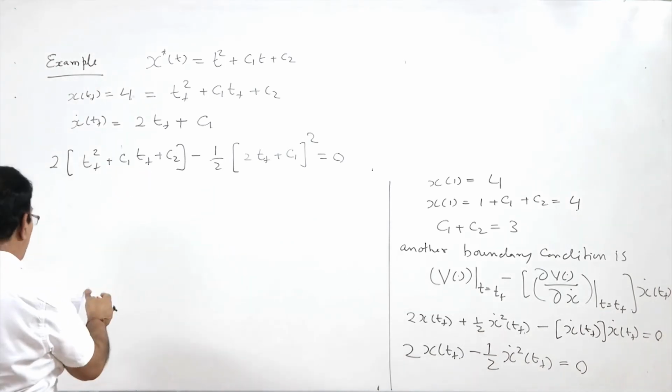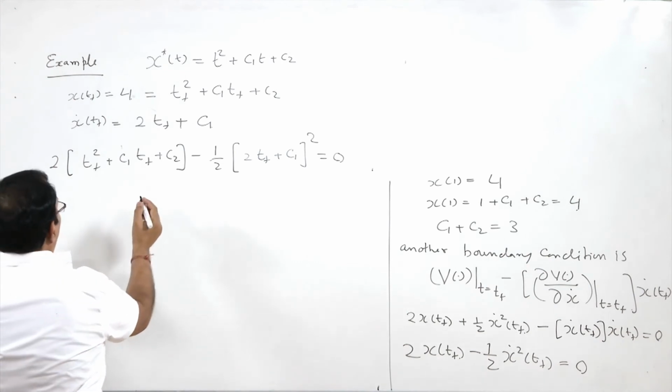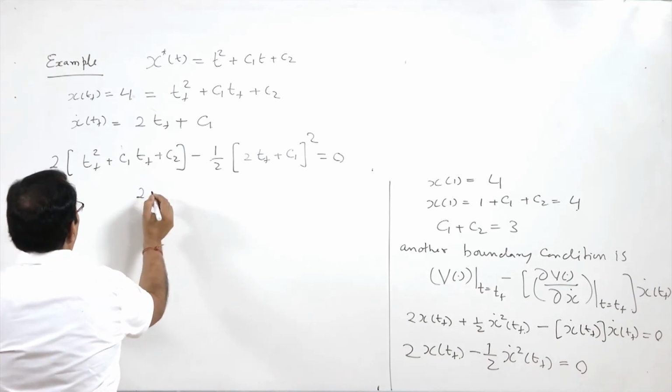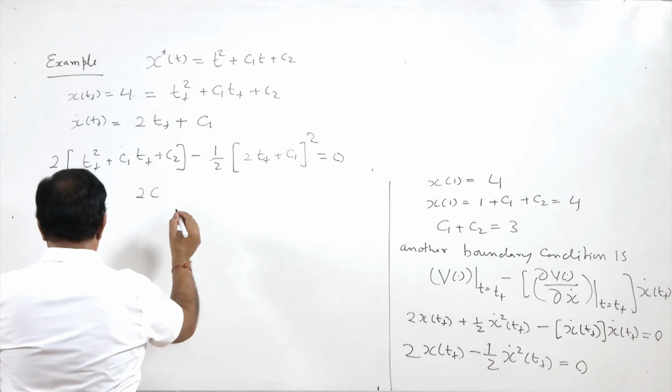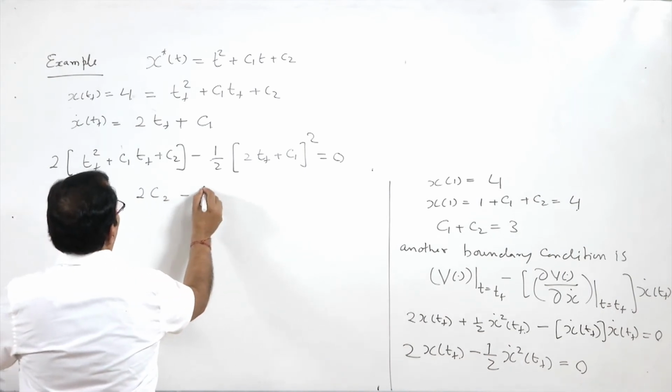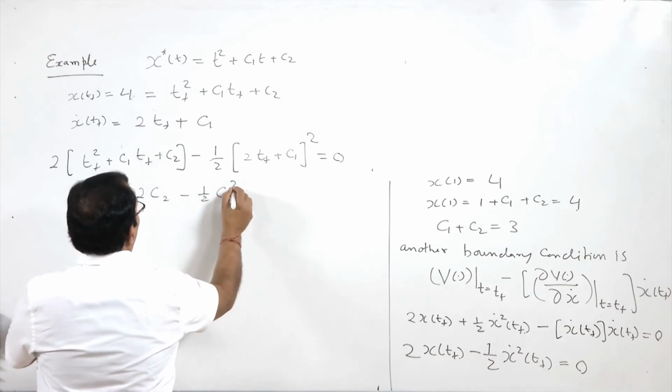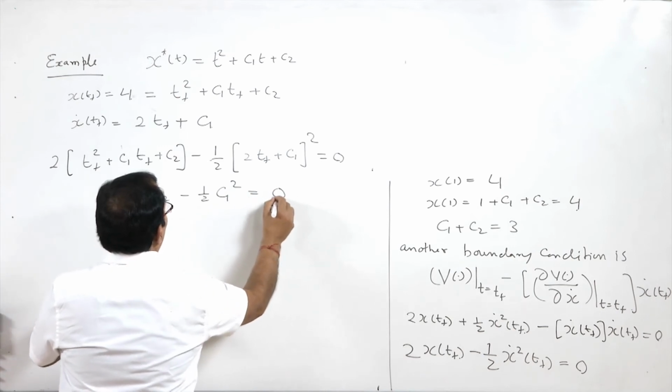So, if I solve this, we get 2C2 minus 1/2 C1² equal to 0.